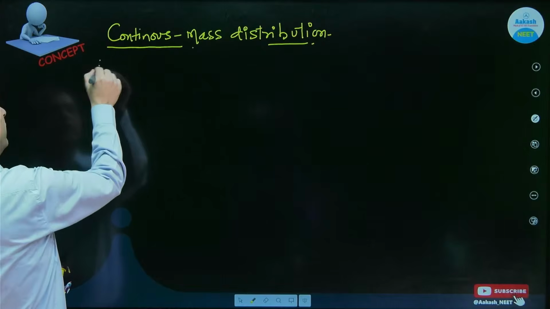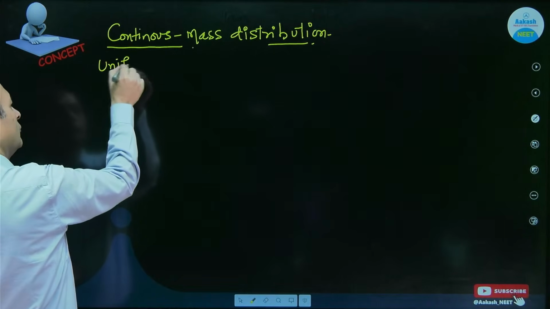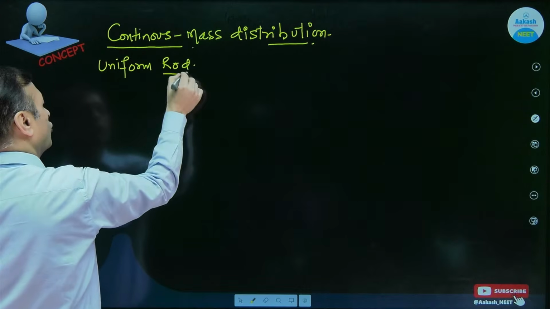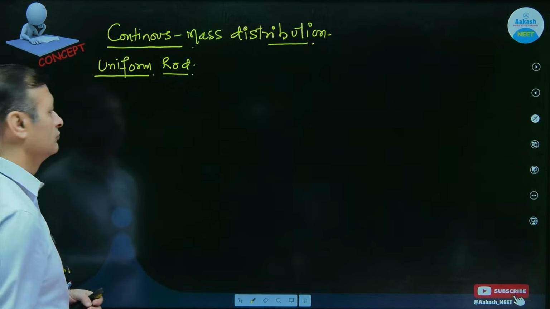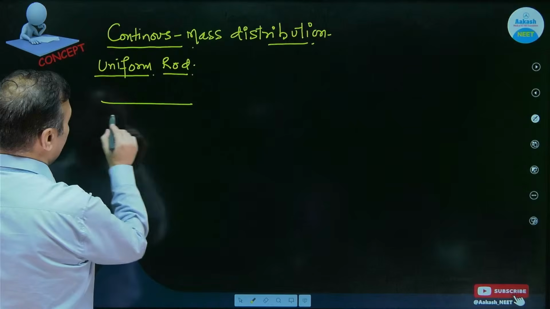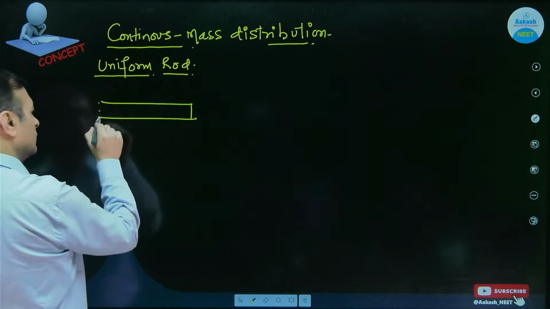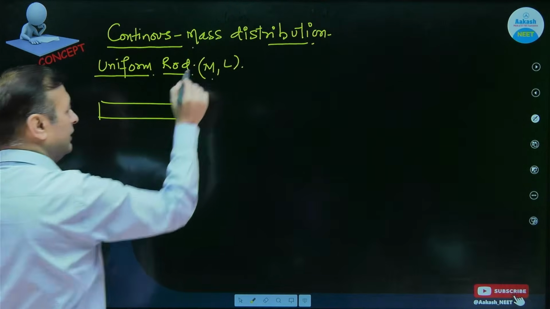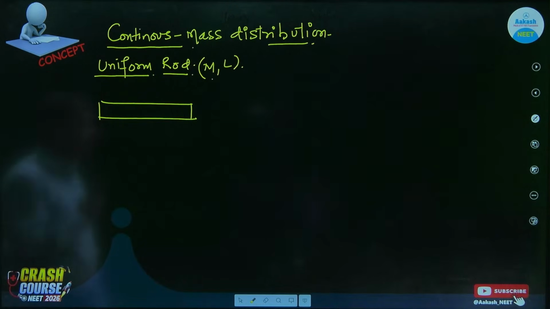Take the example of a uniform rod. So you have a uniform rod of mass m, length L. Got it?